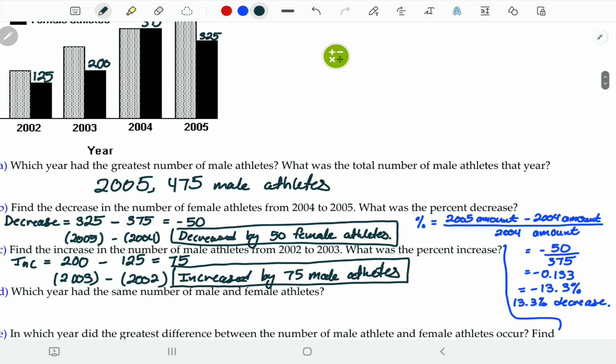To find the percent increase, I'm going to go down here since I don't need that much space for the next question. It's going to be the same concept.